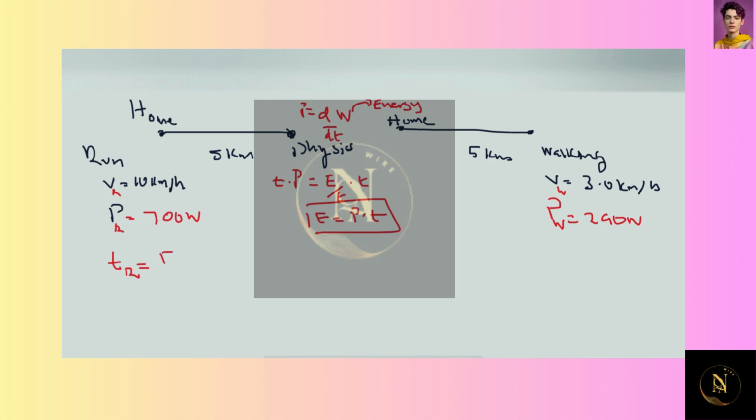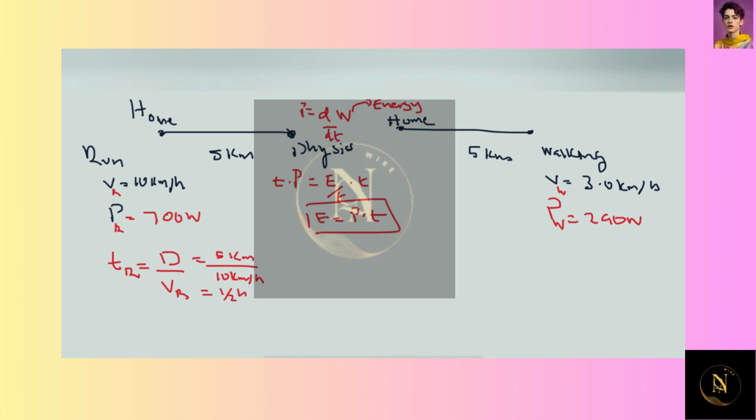That's the total distance traveled divided by the speed. If you recall from your algebra classes in high school, distance is velocity times time, or time is distance over velocity. The distance traveled is 5 kilometers, and the velocity when you're running is 10 kilometers per hour. So the time taken is half an hour when you're running.